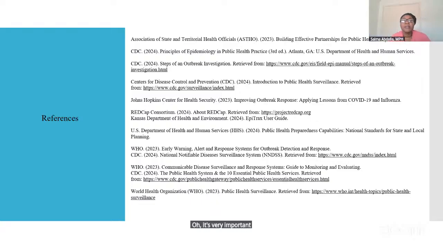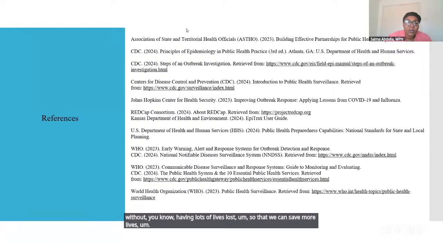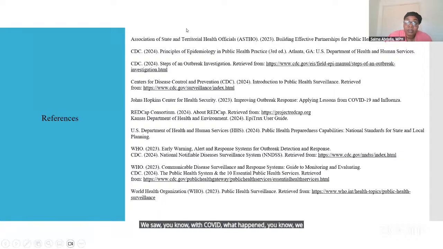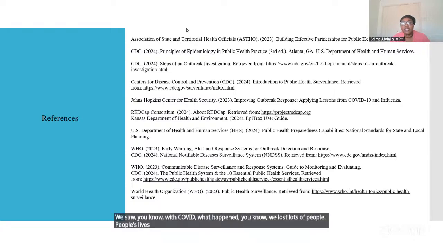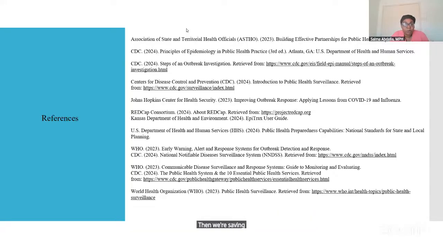It helps us find those diseases before they even get to the general public, or if they do get to the general public, without lots of lives lost, so that we can save more lives. We saw with COVID what happened. Lots of lives were lost. If we're able to find those people and help them early on before anything can happen, then more people will be saved.